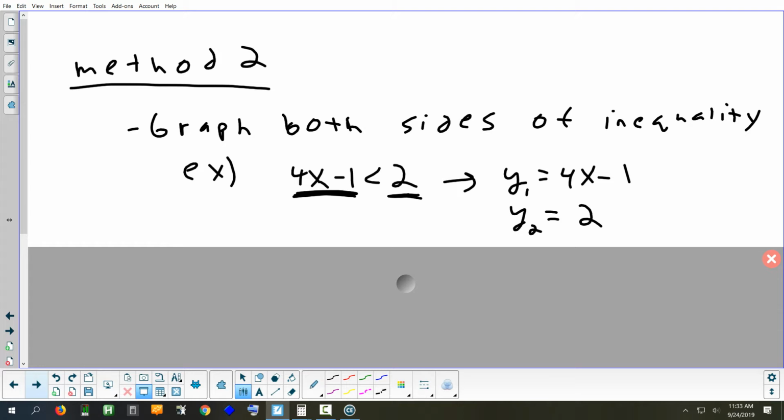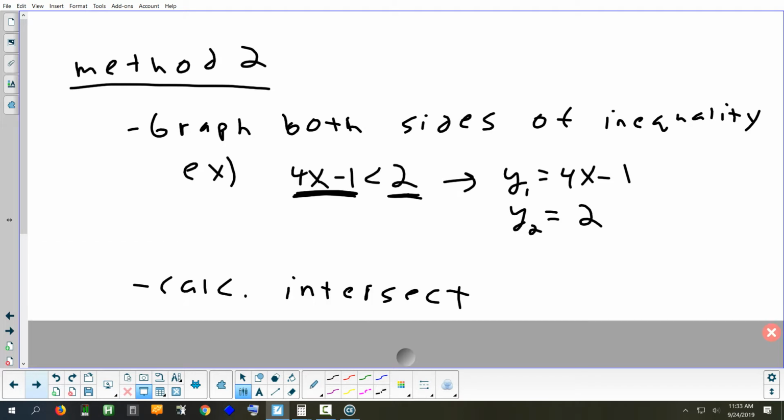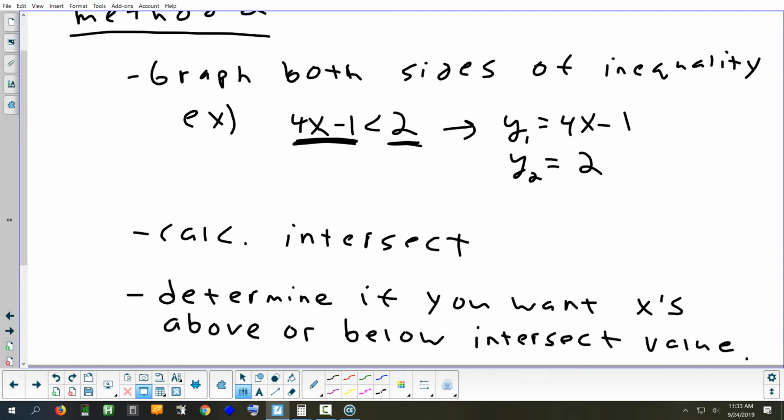So this time I'm not going to calculate a root. I've got two different graphs on the screen, and I'm going to see where these two graphs intersect. And the answer is either going to be everything less than the intersection or everything more. Okay, let's see what happens. Determine if you want the x's below the intersect value or above.